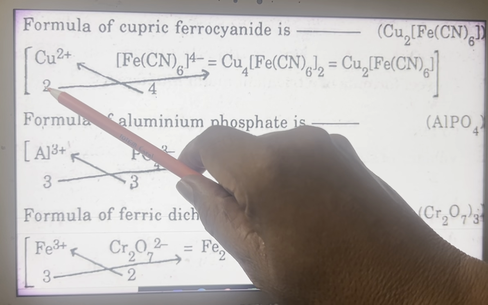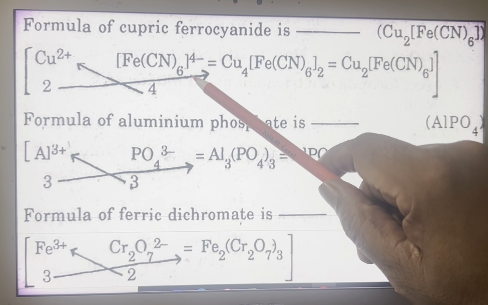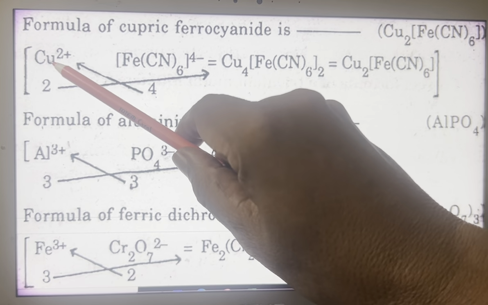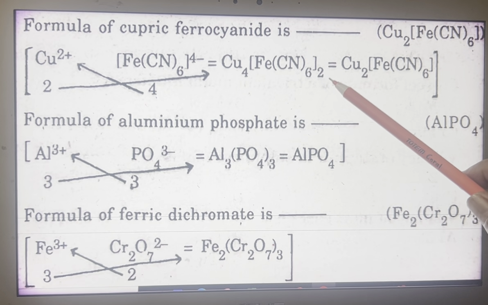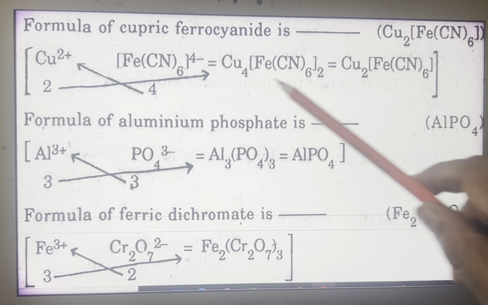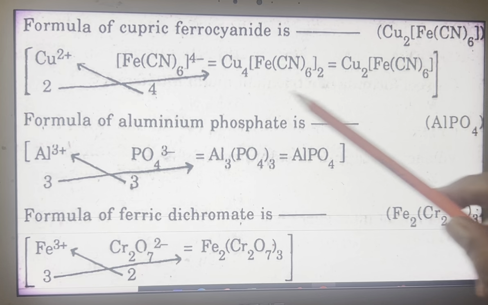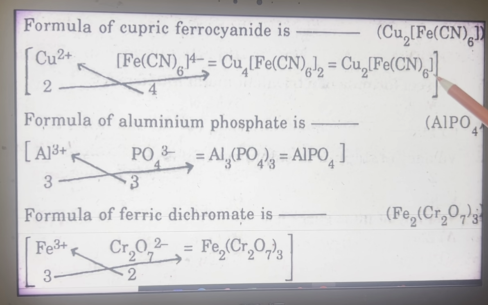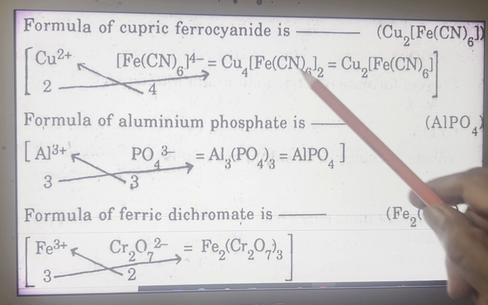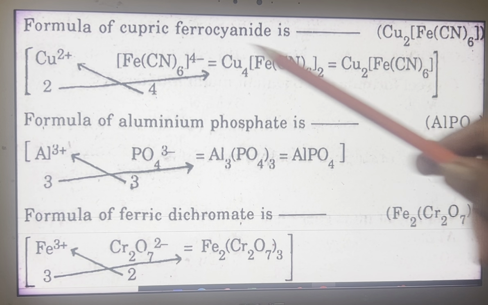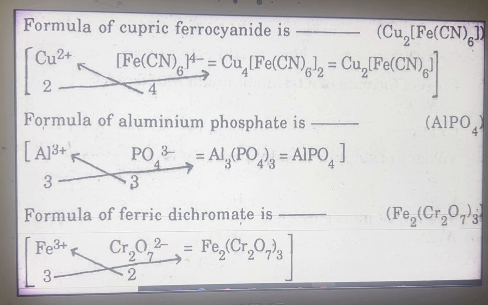The valence is 2; it is written under this ion. This 4 is written under this ion. Cu4[Fe(CN)6]2. But these ions' ratio is 4:2, it can be simplified to 2:1. One need not be written. So Cu2[Fe(CN)6] is the formula for cupric ferrocyanide.